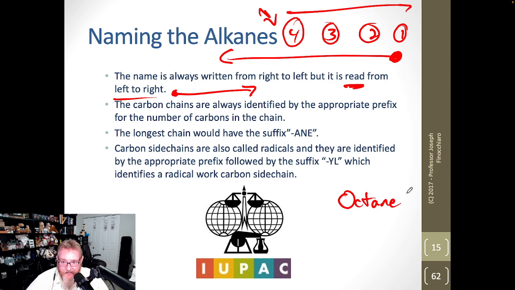Now, what if I had 3 side chains on there? One with 2, one with 4, and one with 7. Well, that's eth, that's but, that's hept. A side chain ends in YL. How do we know that?